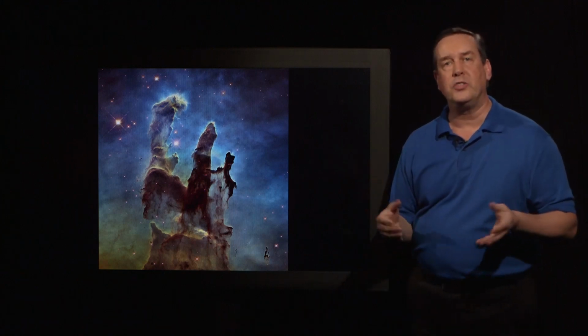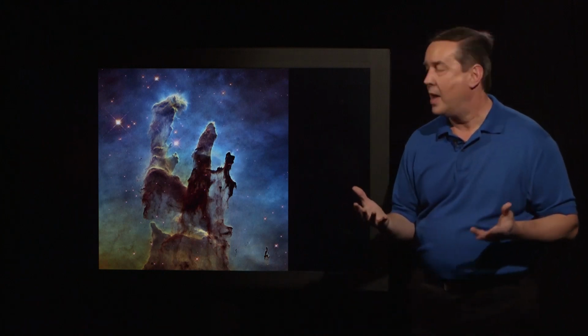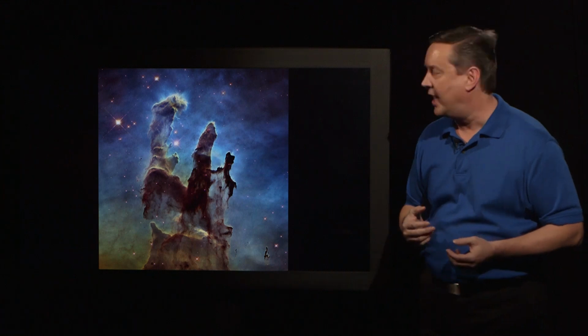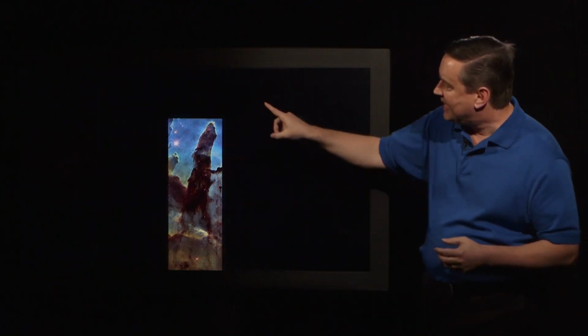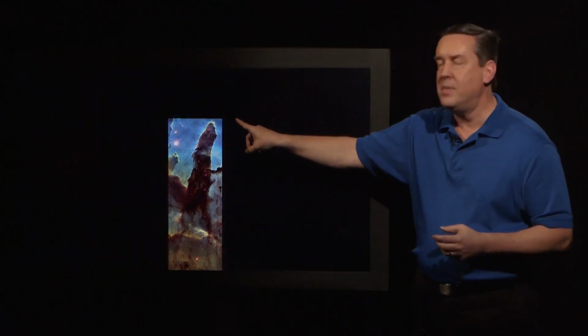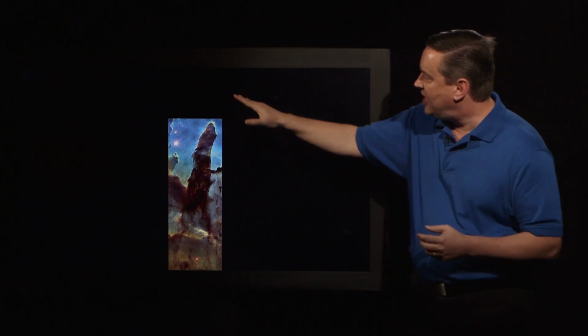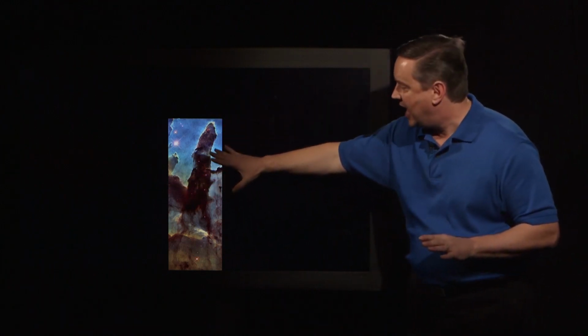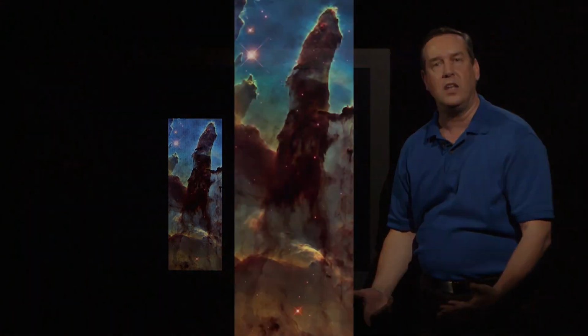Those are the direct comparisons of the old versus the new, but having a larger image provides us some other interesting details to look at. For example, let's just take a look at this middle pillar. You can see that the top of it is what we saw in the old image, but then we had a relatively cut-off view here. When we extend it, you can see the gas flowing off the end of it.